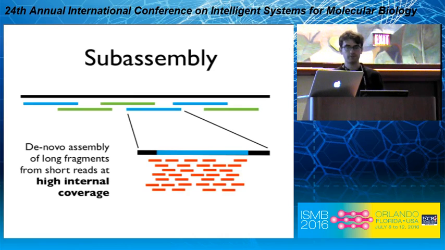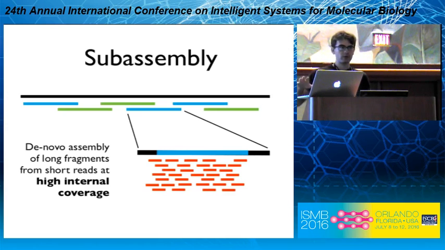First of all, this is expensive because if each long fragment has to be covered by coverage of C, then this multiplies our sequencing requirements by C. In many cases, C can be very high.